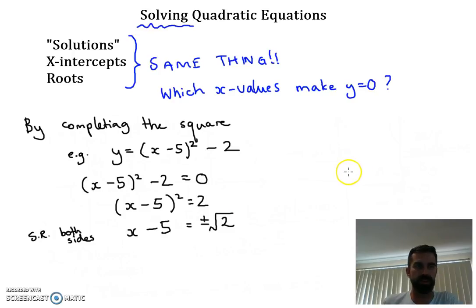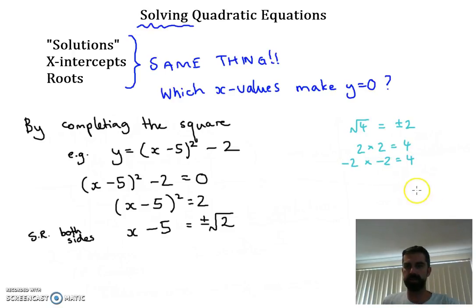And that's because, let's say we're talking about something easy like the square root of 4. We know that that's plus or minus 2 because 2 times 2 equals 4, but also negative 2 times negative 2 also equals positive 4. So anytime I take a square root, I have to give the positive and the negative answer. So I need to put a plus minus out the front. And that can just stay there for now.